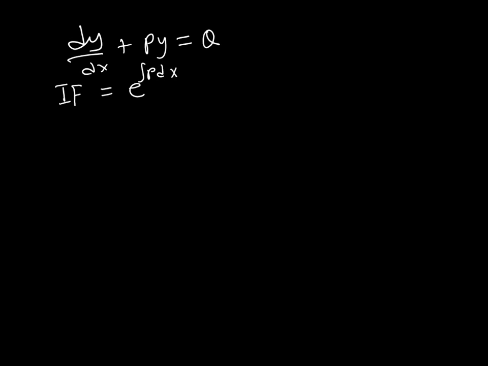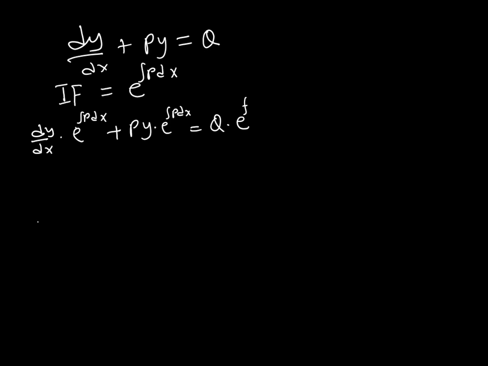It is multiplied on both sides and you have d by dx of y times e to the integral of p by dx, plus py times e to the integral of p by dx, equals q times e to the integral of p by dx. Oh, sorry about that.